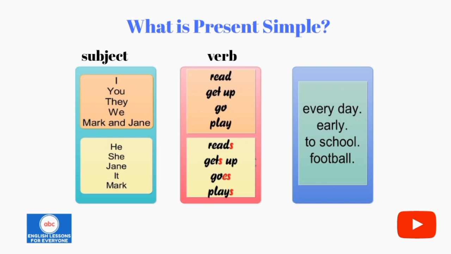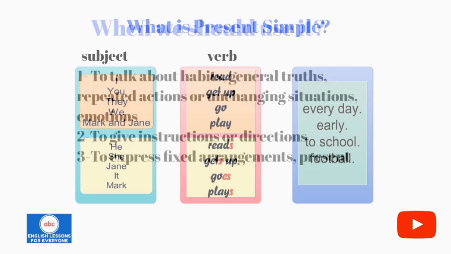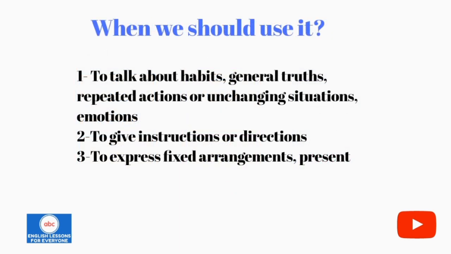Now we get to the most important part, and that is when we should use this tense. When should we use the present simple? We use the present simple to talk about habits, general truths, repeated actions, or changing situations and emotions, or to give instructions or directions.